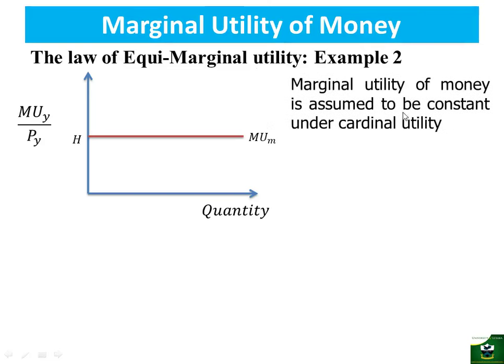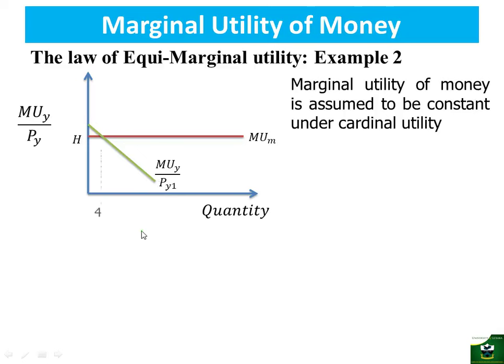With that, marginal utility of money is assumed to be constant under cardinal utility. And then we notice that the marginal utility to price ratio was dropping as much as the consumer was taking in more of a given quantity, whether from X or from Y, which means the graph will be downward sloping.